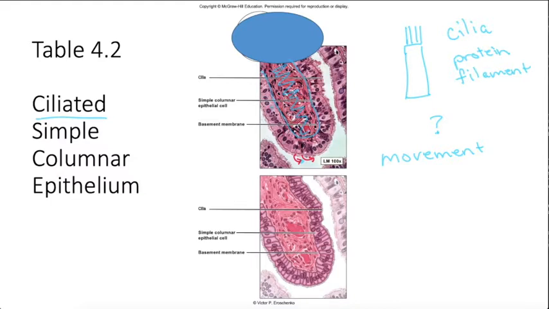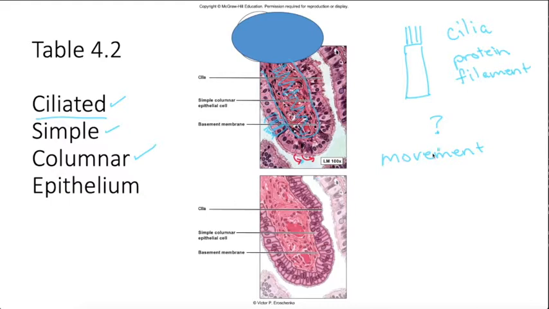You can see we've got a single layer, so simple, of tall, skinny cells, not unlike the cuboidal cells. And then we've got all this cilia coming out of the apical surface. So ciliated is used as the first word to indicate their cilia. Simple, we've only got a single layer. Columnar, we've got tall, skinny cells.